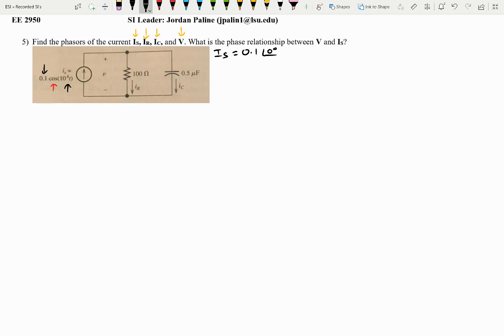So that is our phasor representation for our source current. So part one is done. Check that off. Cool. Let's go on to part two. Find I of R.